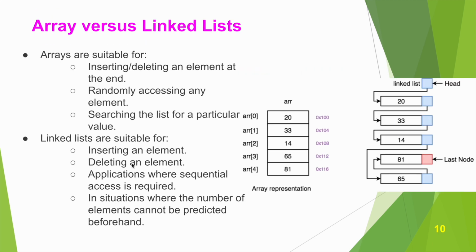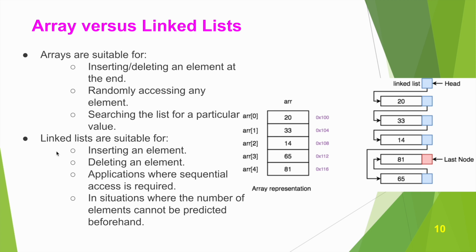Array versus linked list. These are some suitable scenarios where we can use arrays: inserting and deleting elements at the end, and more such operations like randomly accessing the elements and searching the list for a particular value. Let's see some suitable scenarios for using the linked list.